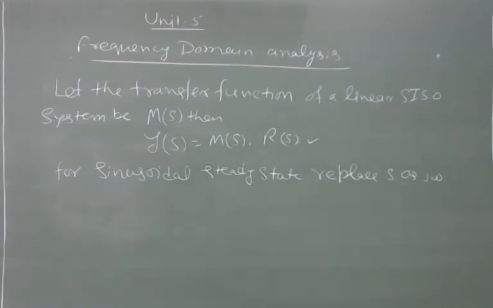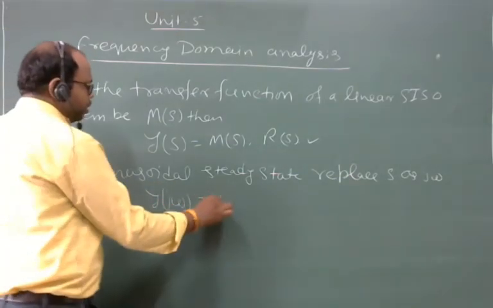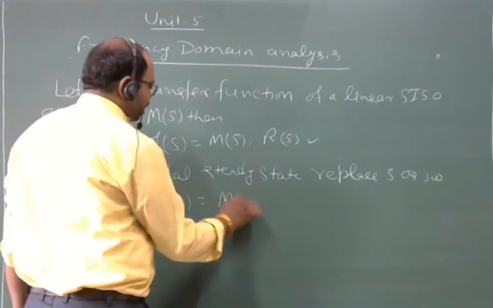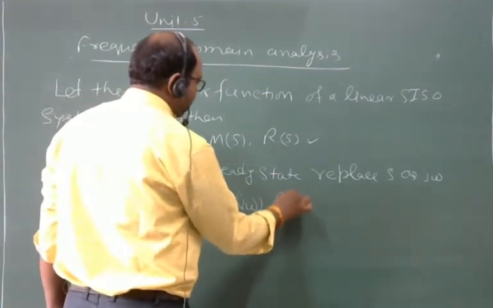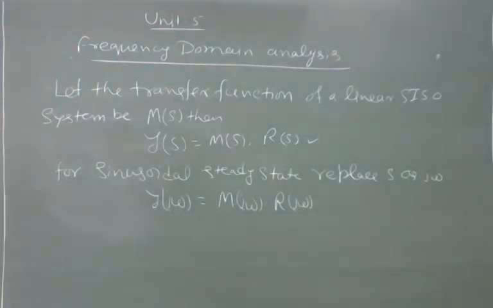For sinusoidal steady state, replace s as j omega, and then Y(j omega) becomes M(j omega) multiplied by R(j omega), right?